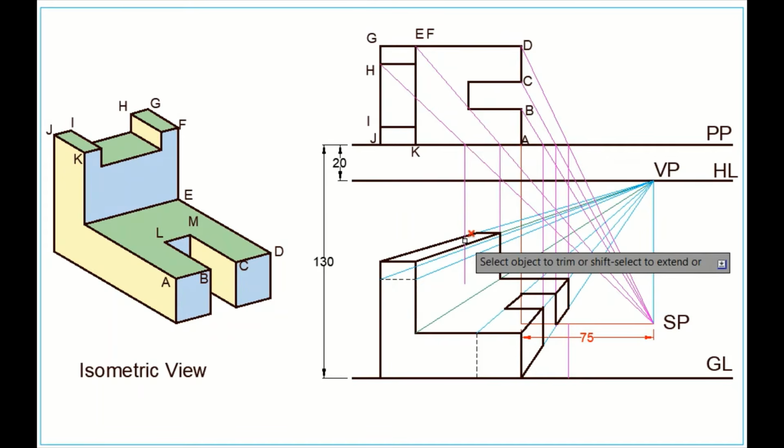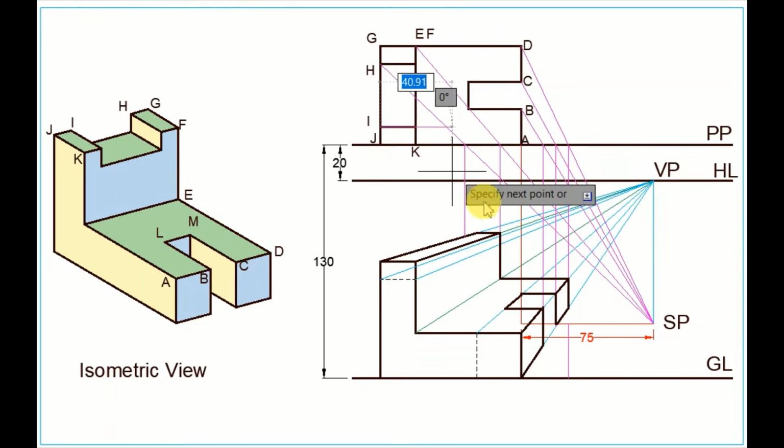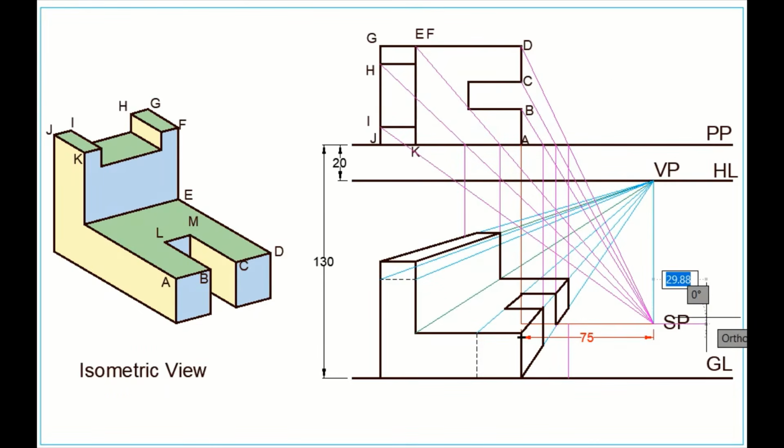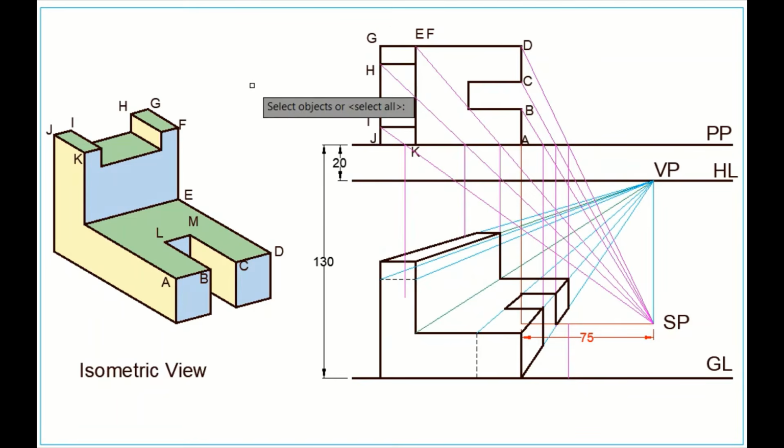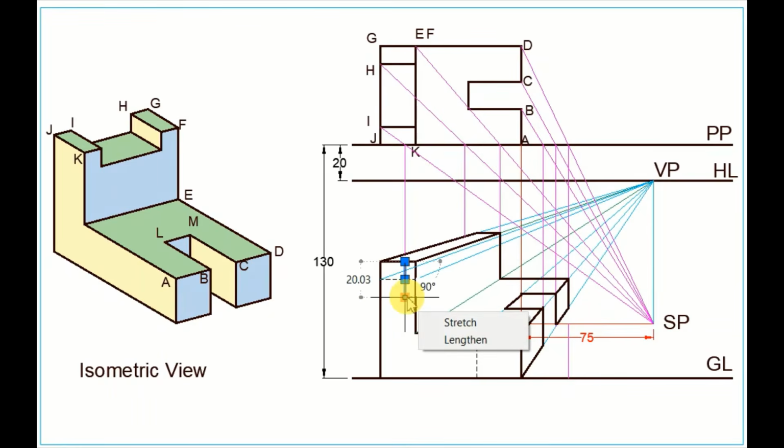So this point here is point H. Same way you can try it for I. Connect this with station point, so you get the piercing point for I. From this location you come vertically down, then trim this part of line, and this point here is point I.